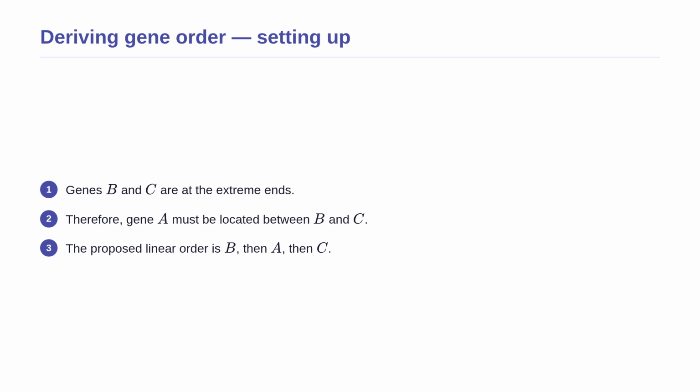It must be located somewhere in the middle between them. Therefore, our proposed linear order is B, followed by A, followed by C. The intuition here is just like points on a line segment. If you know the endpoints, the third point has to fall inside that segment.